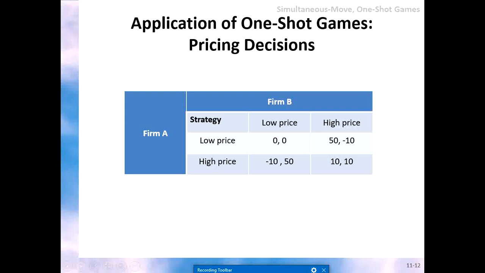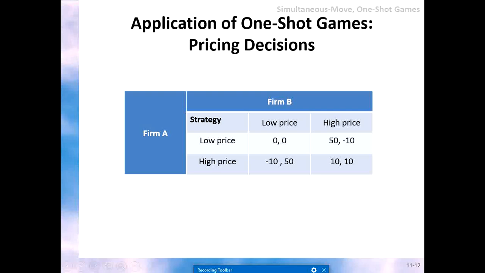If both choose high price, they will each get 10. If firm A chooses low price and firm B chooses high price, firm A will get 50 and firm B will get minus 10, meaning a loss. Why? Since firm A chose the lower price, all the customers of firm B will buy from firm A, therefore it gets more profit.